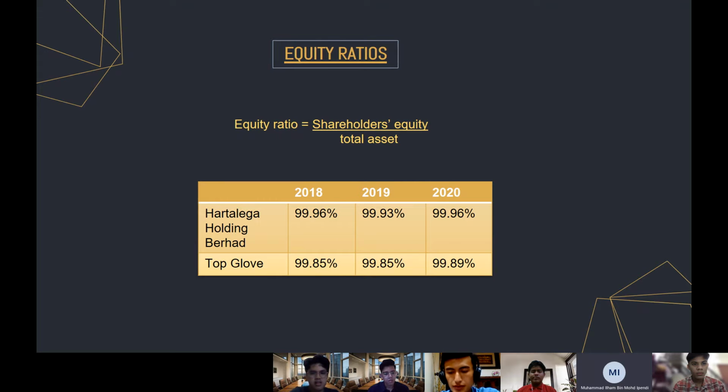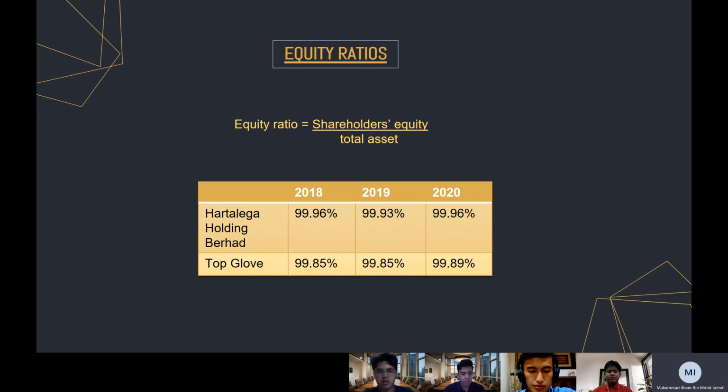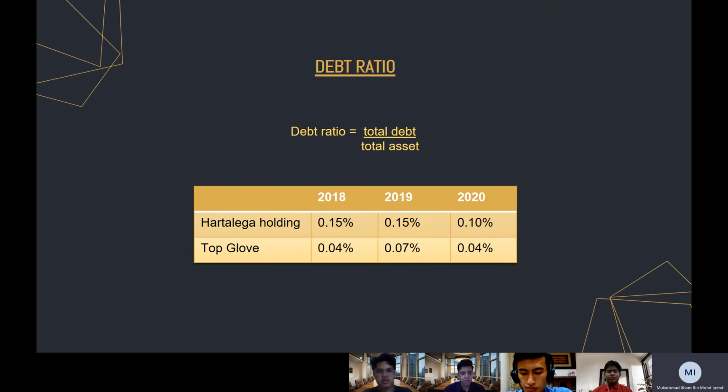We can see a similar amount, in which the two companies have over 99% equity ratio in these 3 years, which means they use most of their shareholder equity to secure funding in their business. Okay, next. Move on to the next ratio, which is debt ratio.